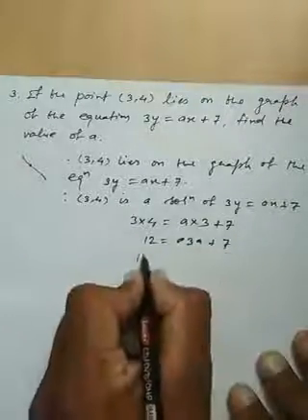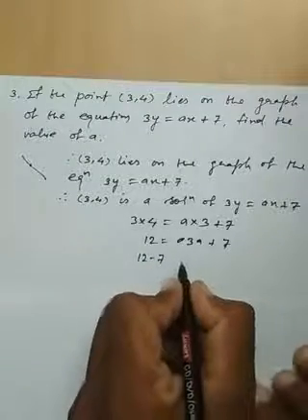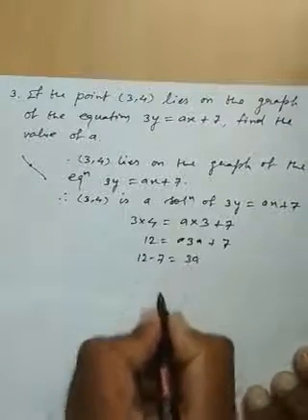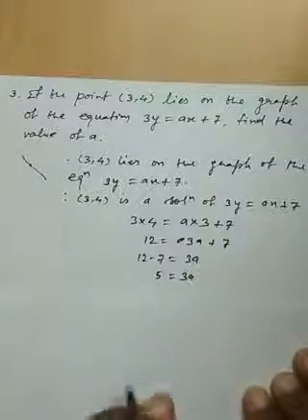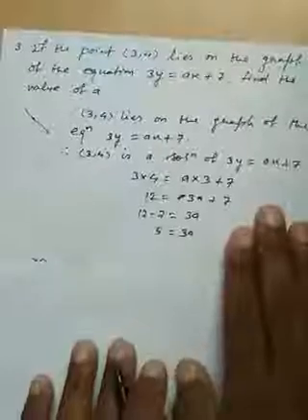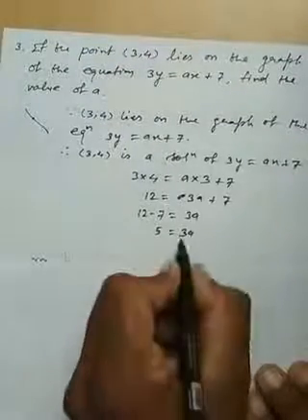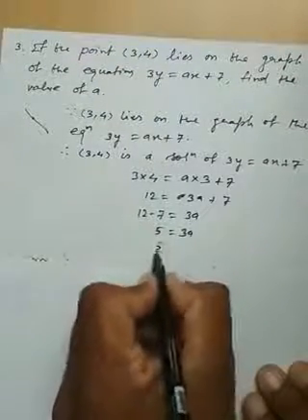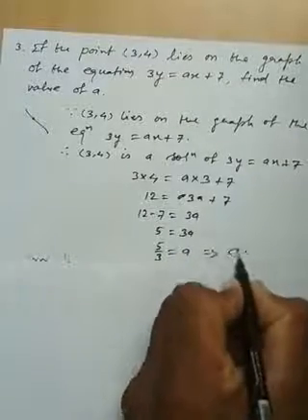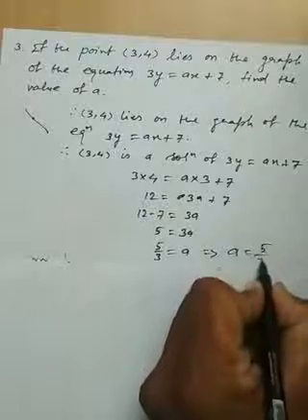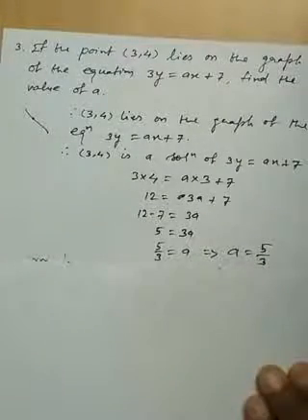Transpose 7. 12 minus 7 equal to 3a. 12 minus 7 is 5. 5 equal to 3a. Again, cross multiply: 5 upon 3 equal to a. Hence we find the value of a is 5 upon 3.